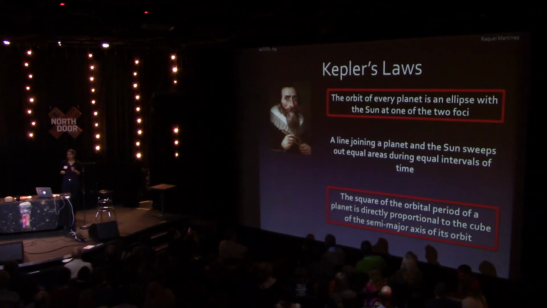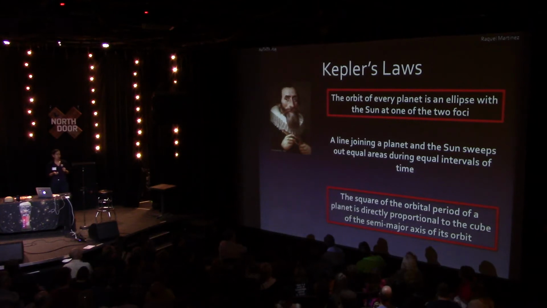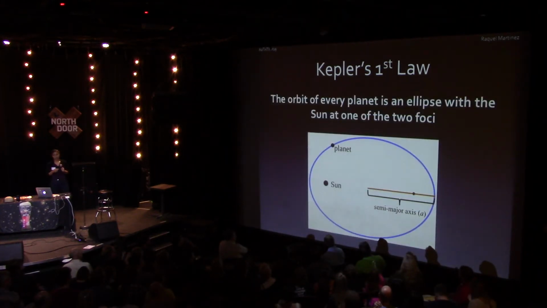Now, the 2 laws that are most important for finding exoplanets are outlined here in red, but let's put some pictures to these words. Here is a little geometry refresher for you all. We have an ellipse here outlined in blue, and as the planet orbits the star along this path, one of the 2 foci is occupied by the star that the planet orbits, and the other one's just out there all alone, being all lonely and stuff, and empty.